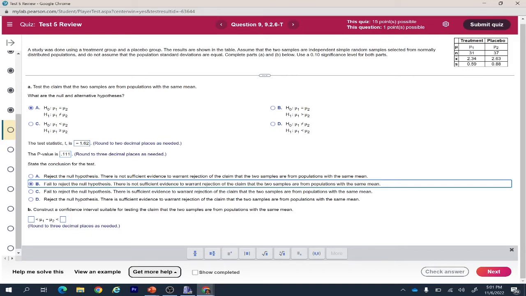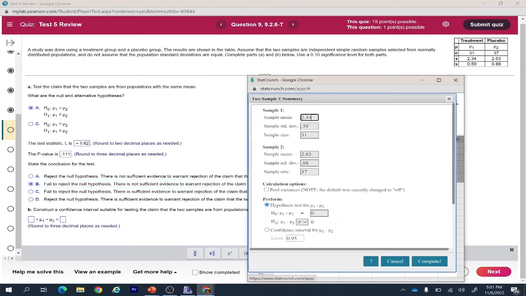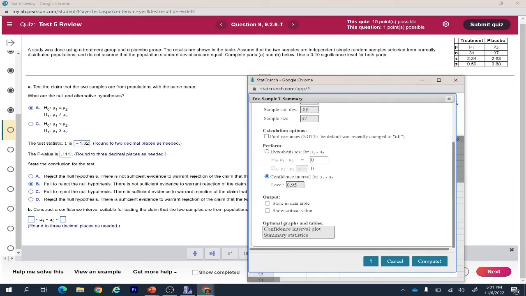For finding the confidence interval, go back to StatCrunch, go to the option, do the edit, and go to the confidence interval. Normally you have to put 1 minus 2 times alpha, but this value is given for both parts. So 1 minus 0.1 is 0.9.